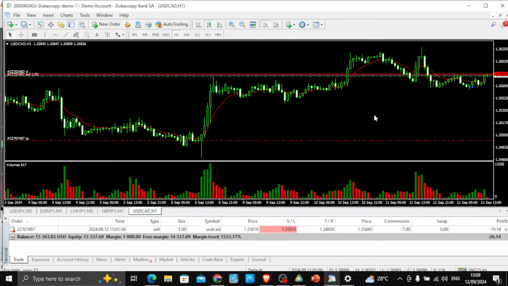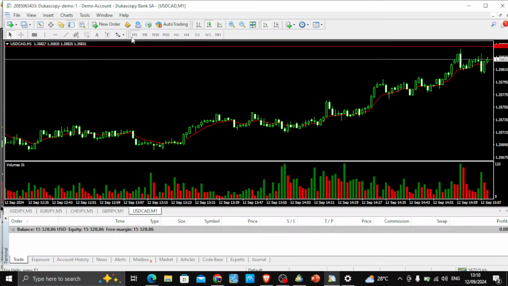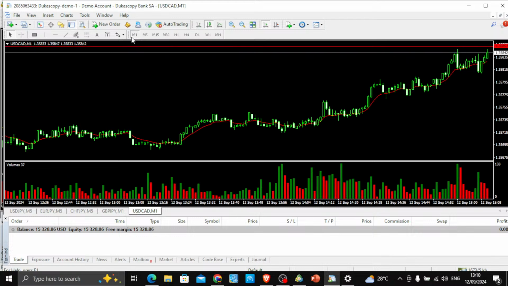So you can monitor each level. God bless you. We have 5 minutes to the important economic news. As you can see, the swings are now getting bigger and bigger.